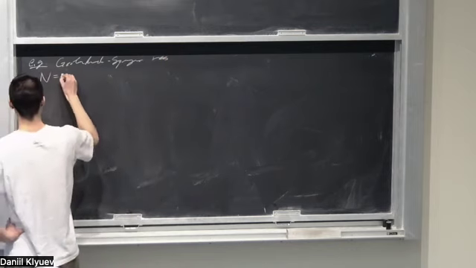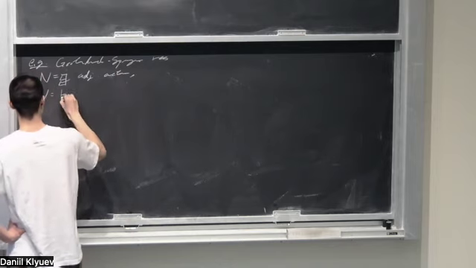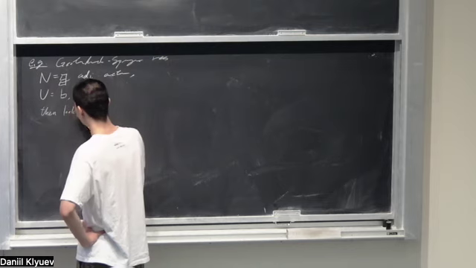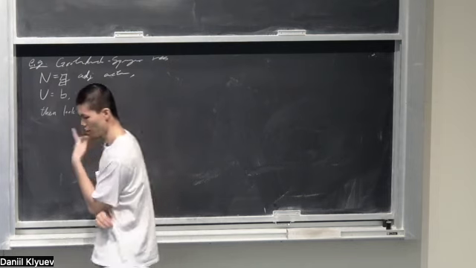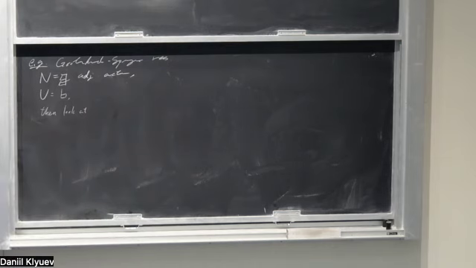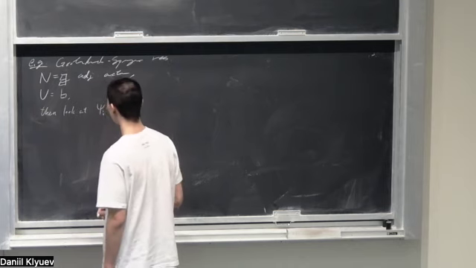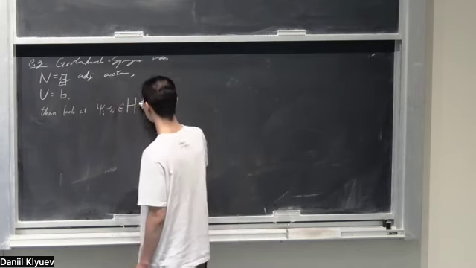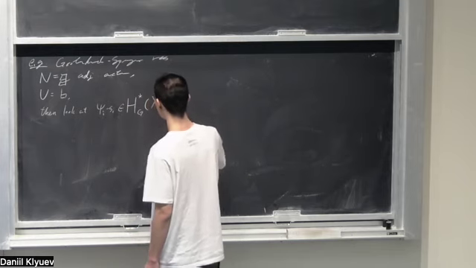So what we had was N to be g, with the adjoint action, and then U is B. Then we want to look at, in H star sub G, X sub U cross X sub U.